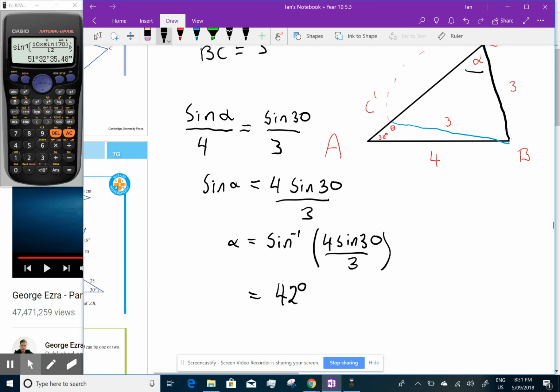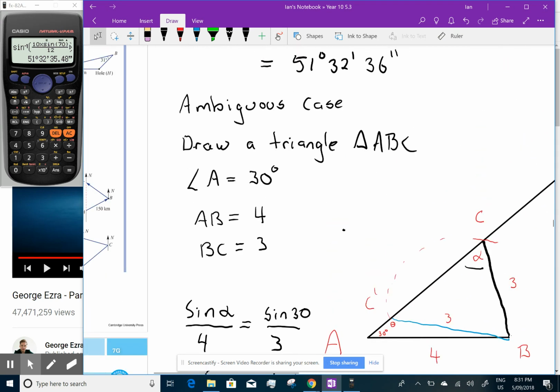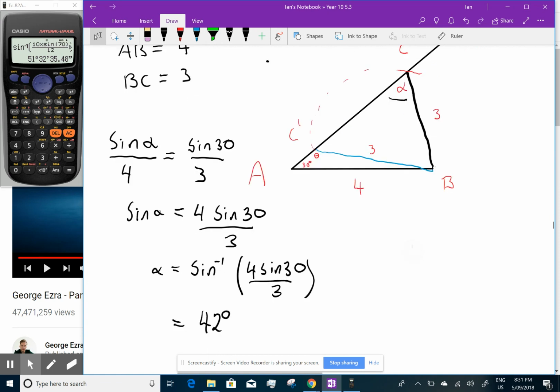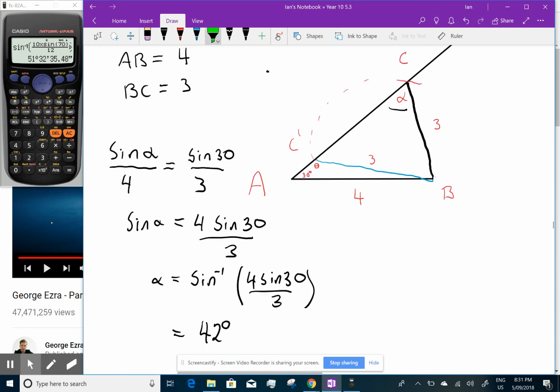So that tells me that that's 42, but how do I find this other angle? There exists another angle. There is an ambiguous case here where I get 2 answers. Well, how do I get that other angle? Well, luckily, we know that these 2 are 3, which makes it an isosceles triangle. So that makes the 2 bottom angles the same. So that's alpha.